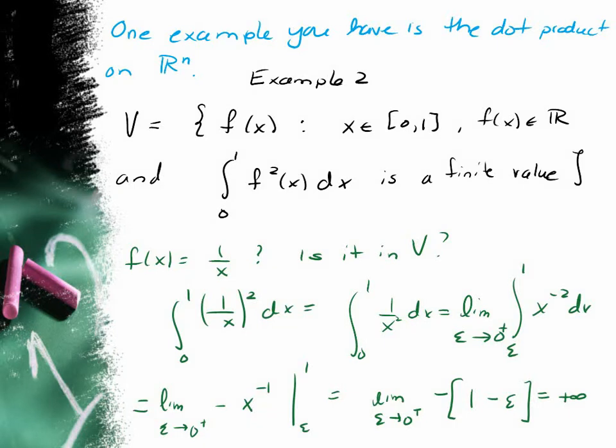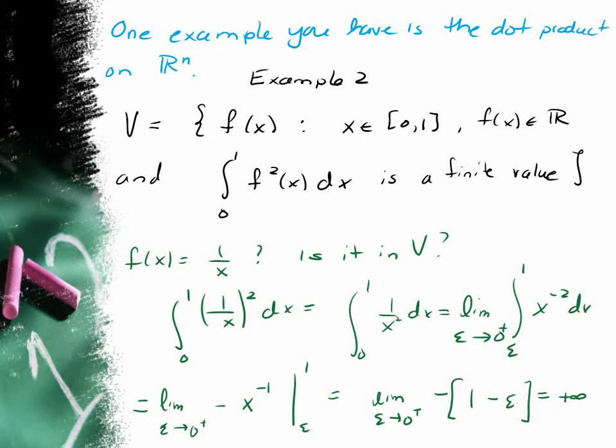So another example, what if we take 1 over x? Is that in V? Well, for it to be in V, that means I have to square it. There's lots of integrals in this lecture, actually. You have to square it, take the integral, and show that that integral has finite value. Well, when I square it and take the integral, I have a problem at 0. 1 over x squared at 0 has an asymptote.